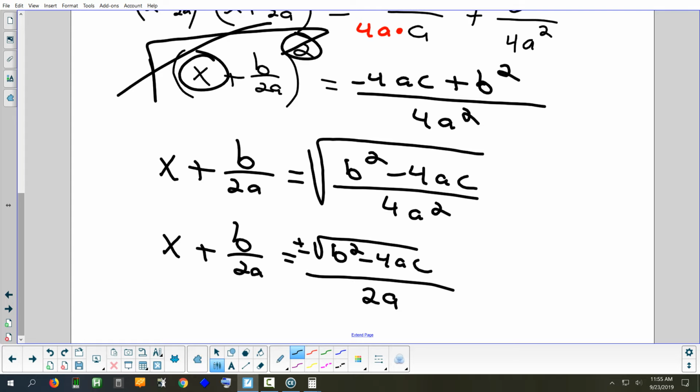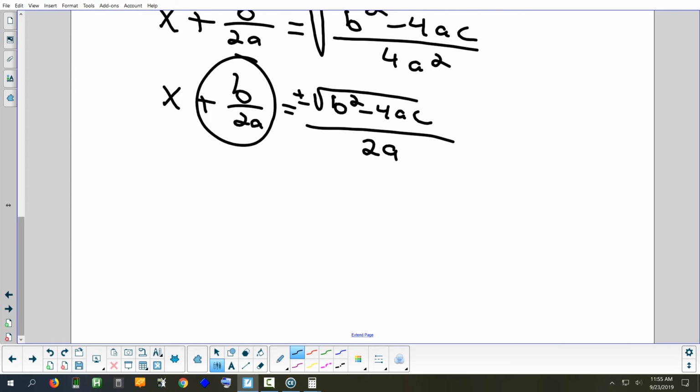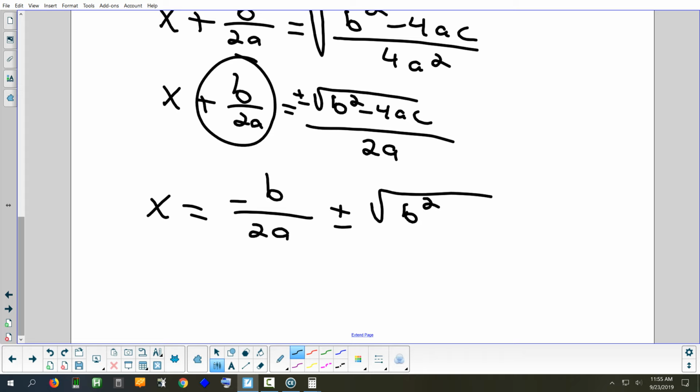So the last thing we need to do is put this on the other side. How would you move b over 2a to the other side? Subtract it, and watch what you get. When you subtract it, you get negative b over 2a, plus or minus the square root of b squared minus 4ac over 2a.